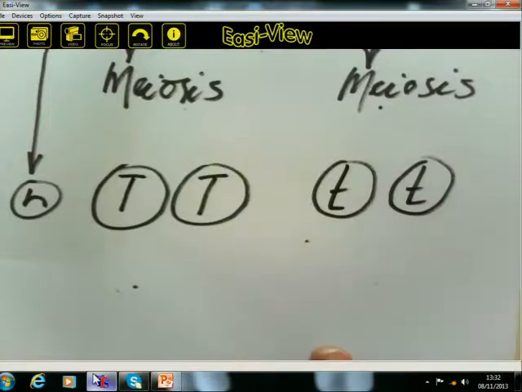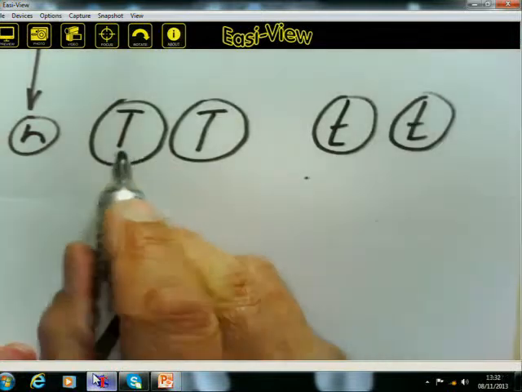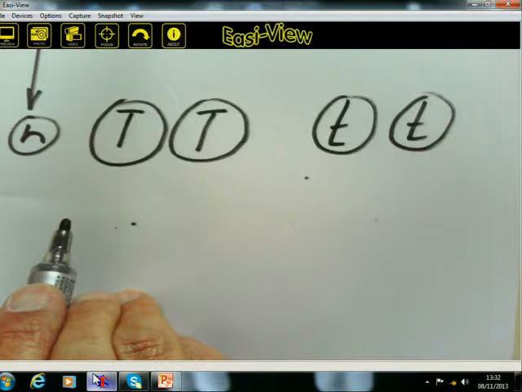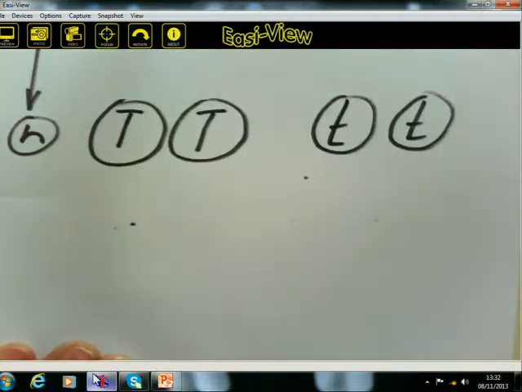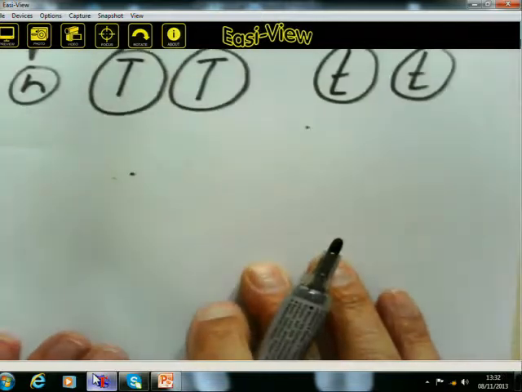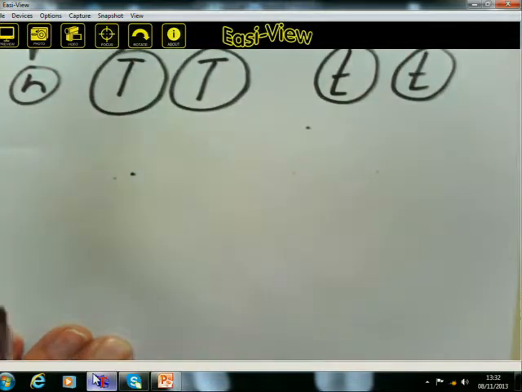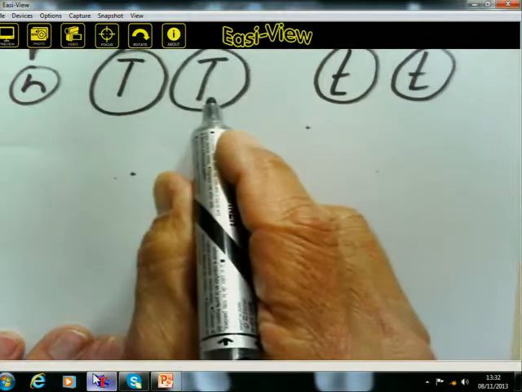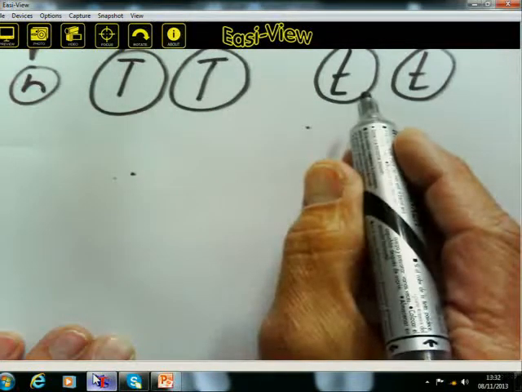That's why I encircle them, to show that they are found in separate cells. That's just a personal taste. Now, what is important, as a result of meiosis, not only is the diploid number of chromosomes reduced, but gametes are formed. These separate cells are gametes.